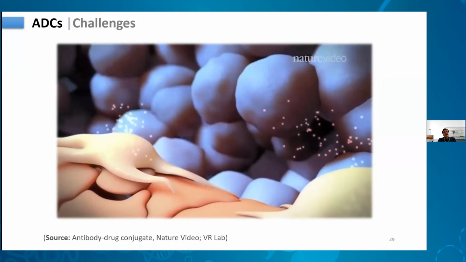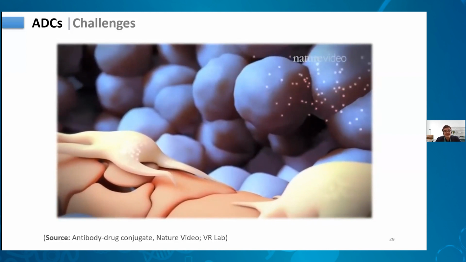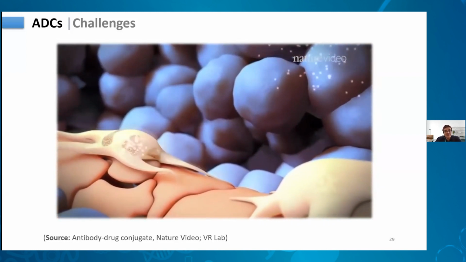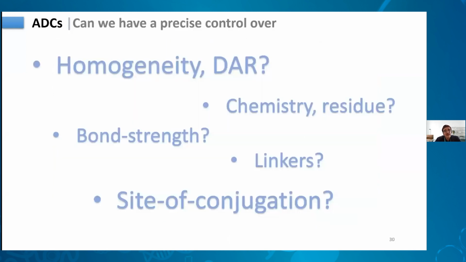Now, if we summarize everything that we have seen in this video so far, what we have to take care of with any powerful platform for ADC is the homogeneity to begin with. Drug to antibody ratio, can that be regulated?